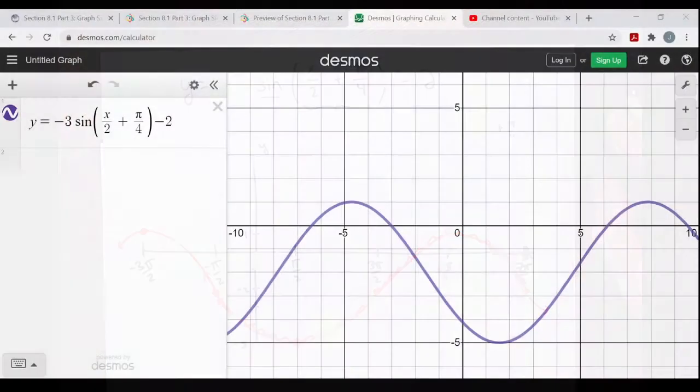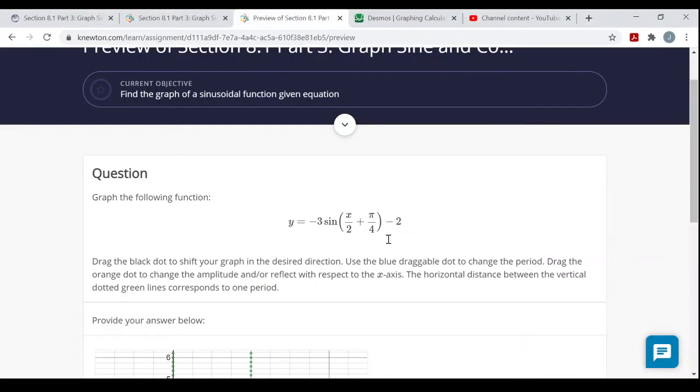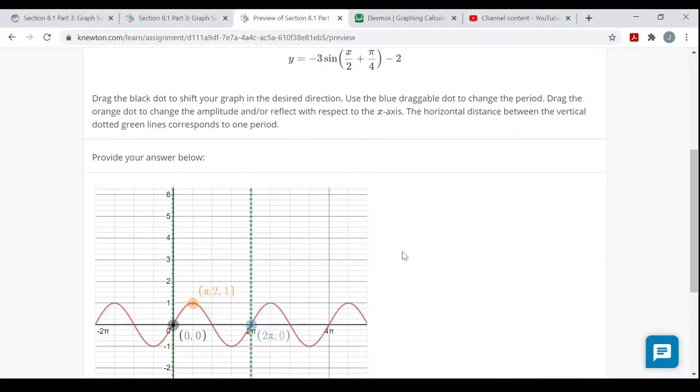Now on the website, in your assignment, this is one of these interactive deals, right? So you gotta read the instructions. Drag the black dot to shift your graph in the desired direction. Use the blue draggable dot to change the period, and then drag the orange dot to change the amplitude and/or reflect with respect to the x-axis, to flip it over.